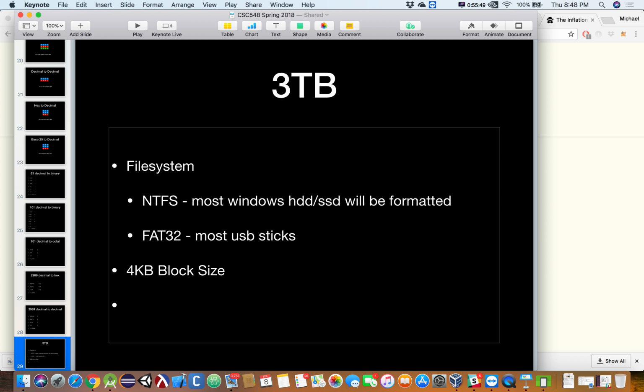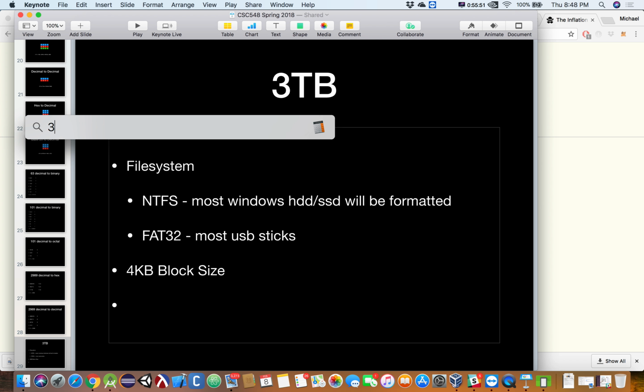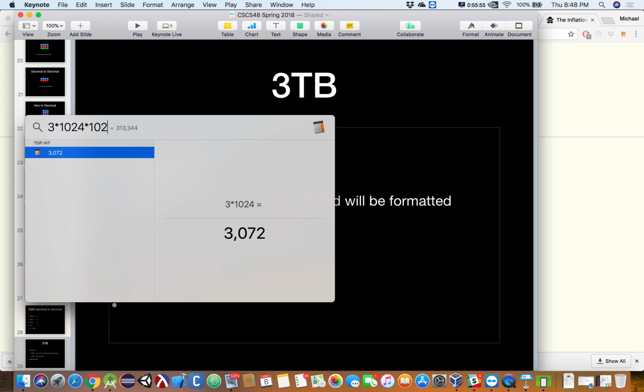So let's get terabytes into kilobytes. 3 times 1024 is gigabytes, times 1024 is megabytes, times 1024 is kilobytes, divided by 4.